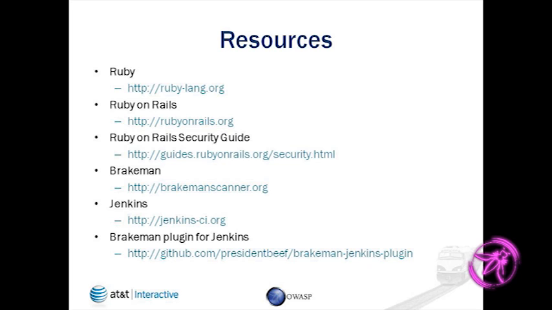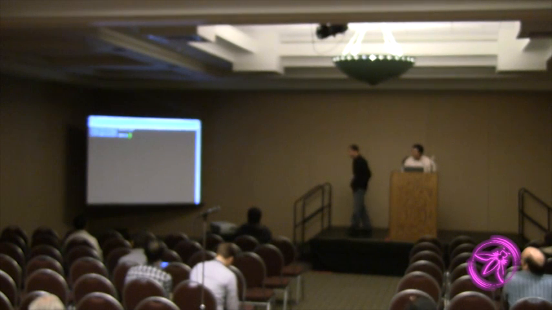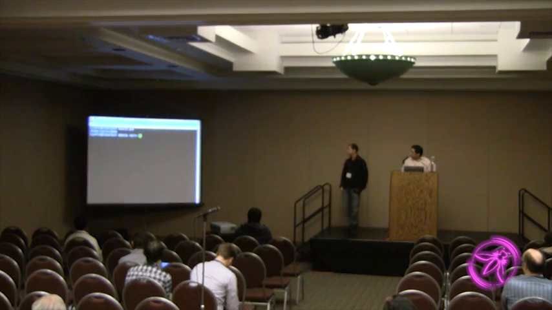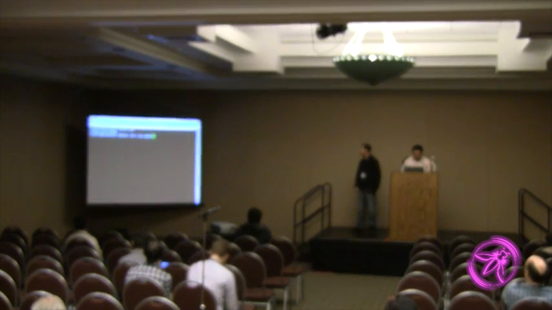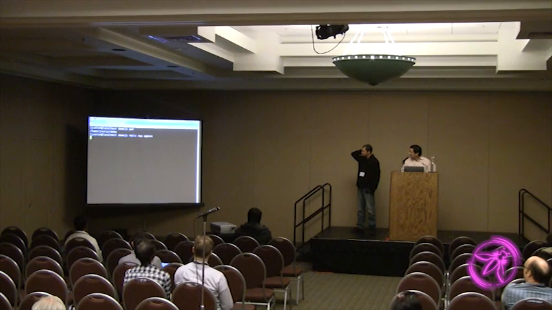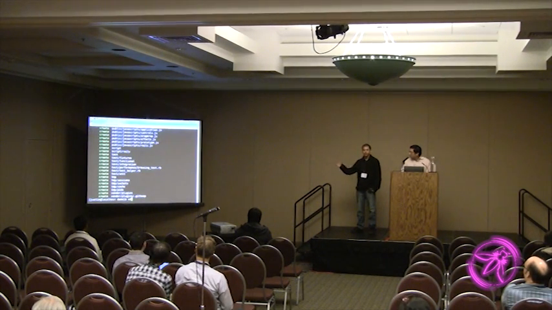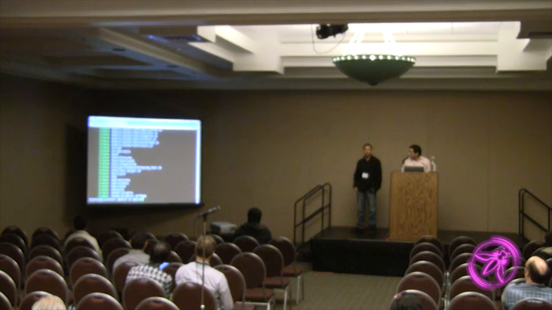Alright, so I'm going to talk and Tim is going to type. So the first thing we're going to do is create a new Rails application. And this is using Rails 3 something, 3.0.9, something like that.